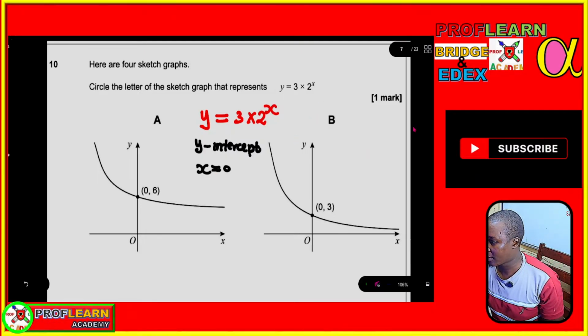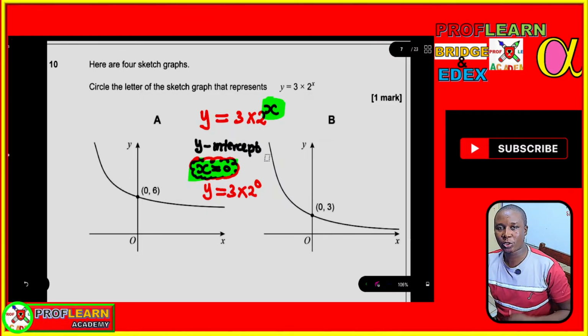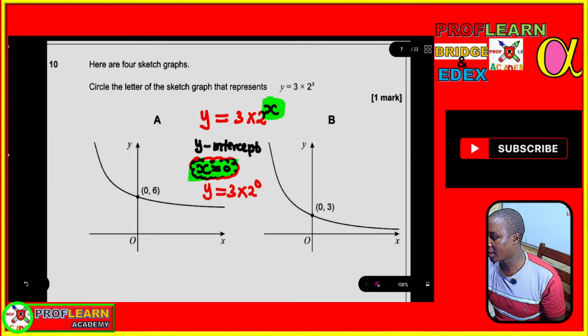So to do that, we are going to say that y is equals to 3 times 2 raised to power 0, because we have said that at the y-intercept, x is always equals to 0. So we are going to check where we have x in this equation. Then we are going to plug in x equals to 0 at that given point.